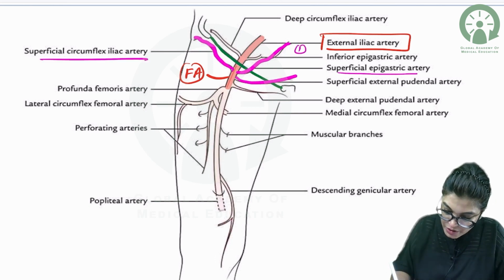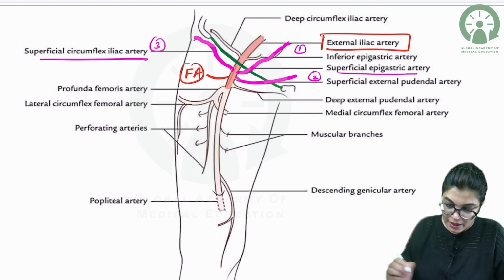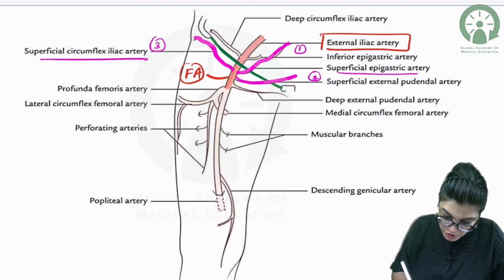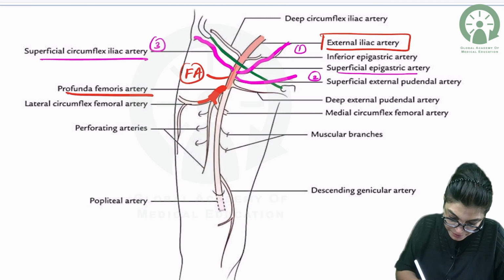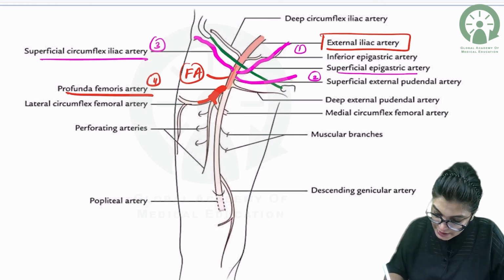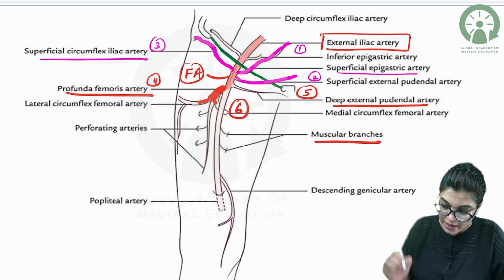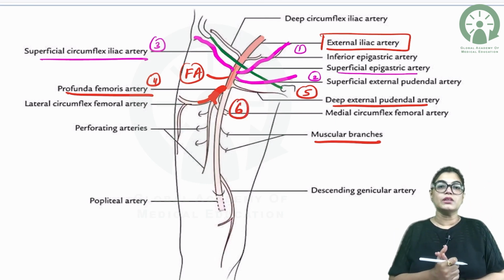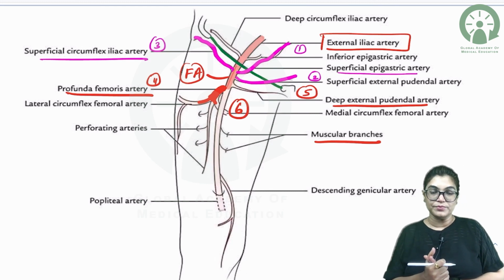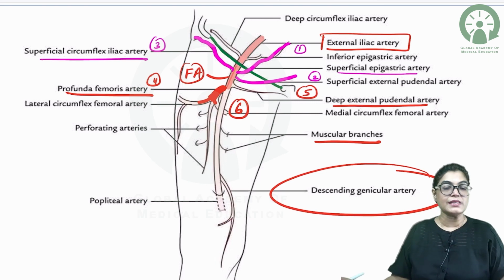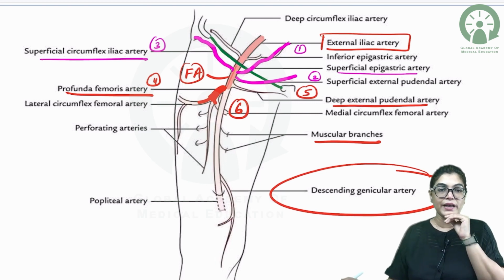The 3 deep branches are profunda femoris artery, a very important branch, the deep external pudendal, and these muscular branches. So these are total 6 branches of the femoral artery given in the femoral triangle. Other branches shown here are the descending genicular artery, which traverses through the adductor canal, and in the adductor canal it also gives the saphenous branch.